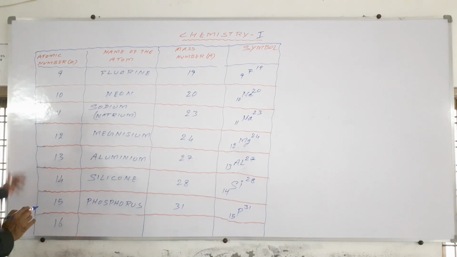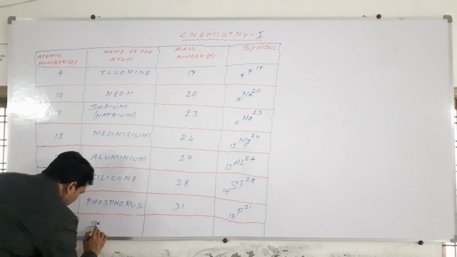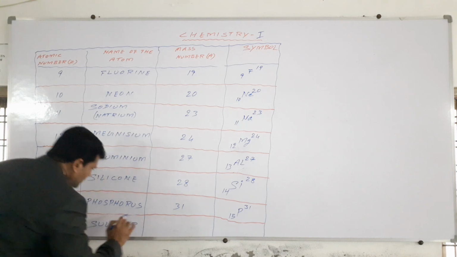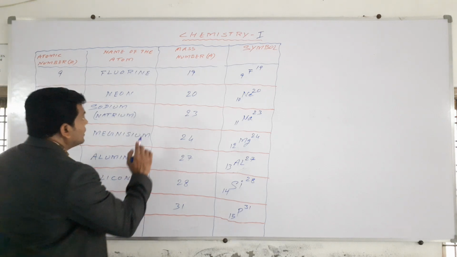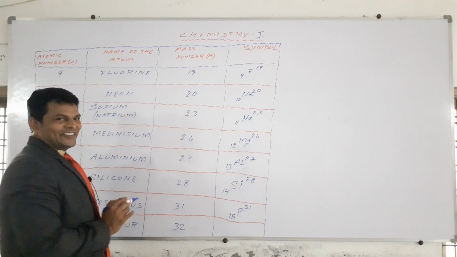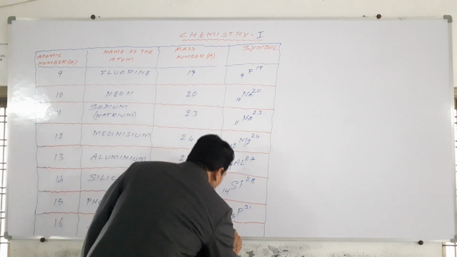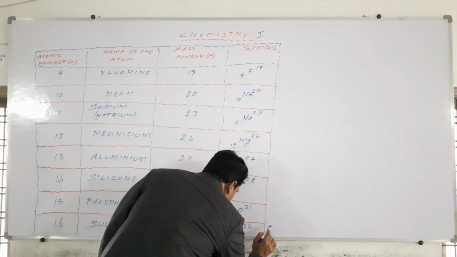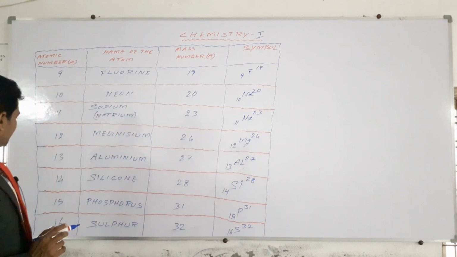Next atomic number 16, sulfur. Sulfur, mass number 32, symbol sulfur 16 32.